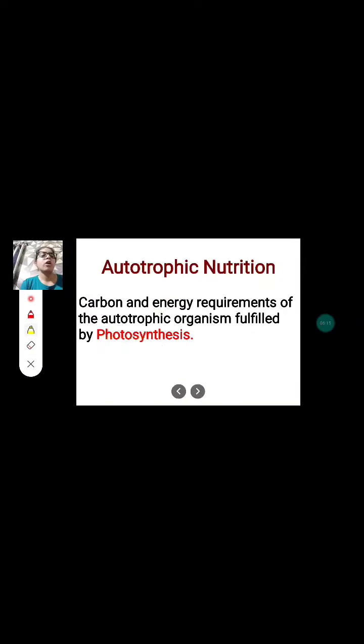First we will talk about the autotrophic mode of nutrition, where the carbon as well as the energy requirement of the autotrophic organism is fulfilled by photosynthesis.